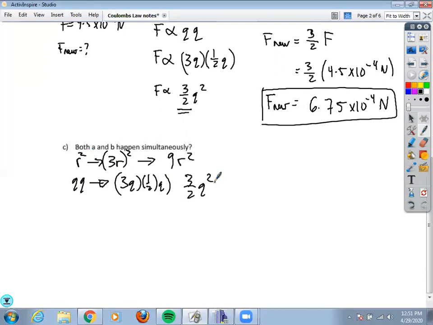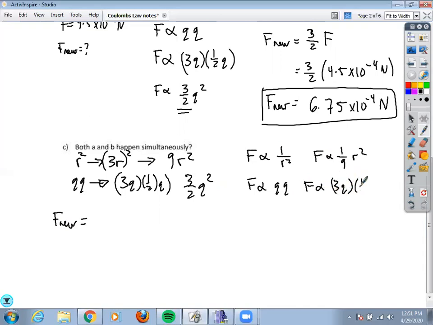Okay, so F new is going to equal, okay, so again, we do our proportions. F is proportional to 1/R squared, which means F is proportional to 1/9R squared. F is proportional to QQ, so F is proportional to 3Q times 1/2 Q, which gives us F proportional to 3/2 Q squared.